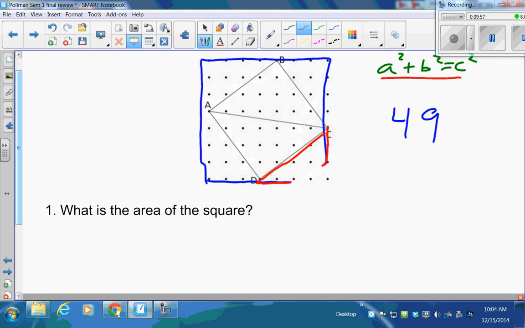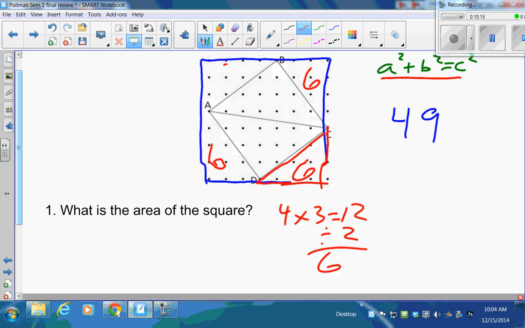So I have my triangle. I just have to find the area of the triangle. I have to do base times height divided by 2. 4 times 3 is 12, divided by 2 is 6. That means this triangle is 6, this triangle is 6, this triangle is 6, and that triangle is 6.